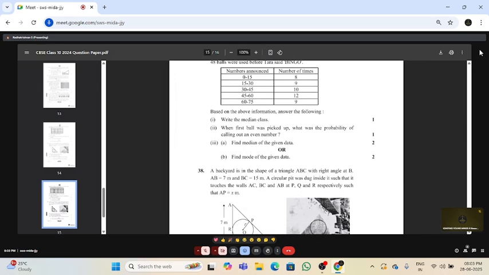The next question is interesting. Find the median of the given data and the mode of the given data. So now you calculate the median class, and we know that it is 30 to 45. That's the median class. The median value is somewhere between 30 and 45. But what exactly is that value? So how do you calculate? I'll tell you that.